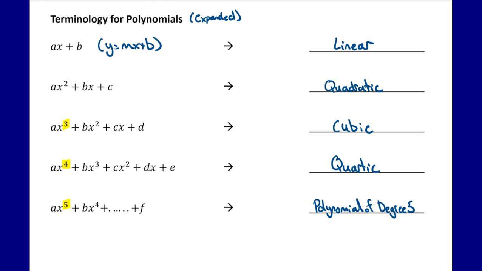So in this case, the highest exponent would be a 5, so it's considered degree 5. Technically, we could say polynomial of degree 3, degree 4, degree 2, or degree 1, but for the first 4, which we'll most likely be seeing, especially when solving by factoring, we would mostly see the first 4.